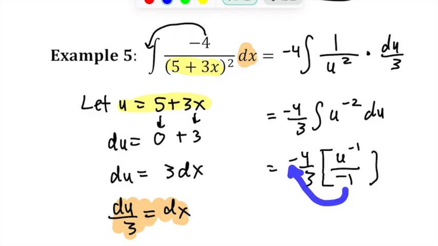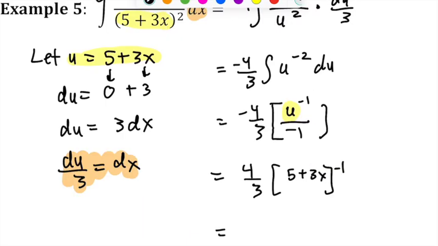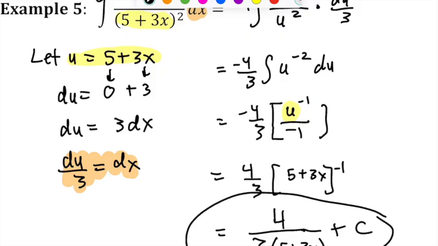This negative comes out here and turns that positive. And then substitute whatever x back in for u. My final answer is going to be 4 divided by 3 times 5 plus 3x. And then always add your constant at the very end.